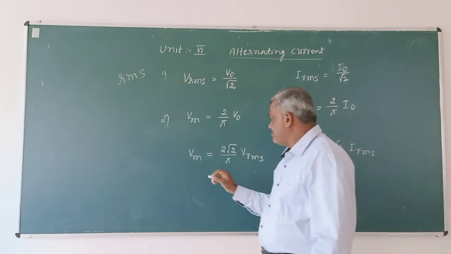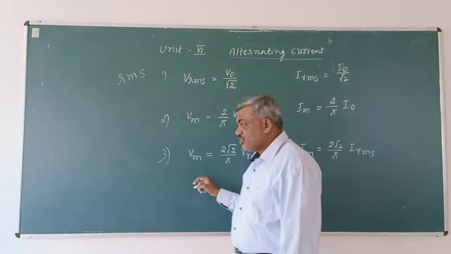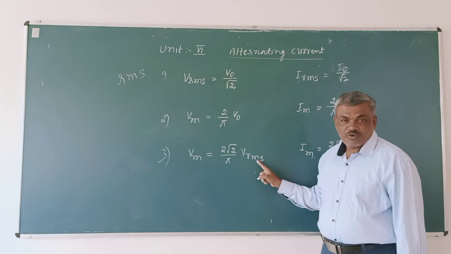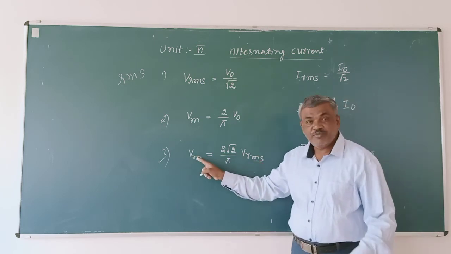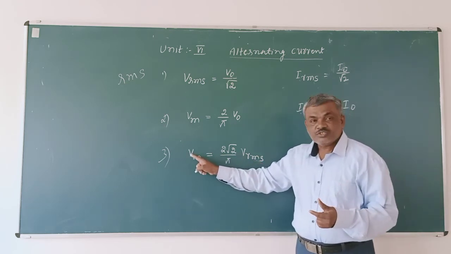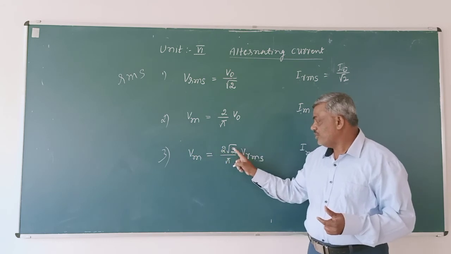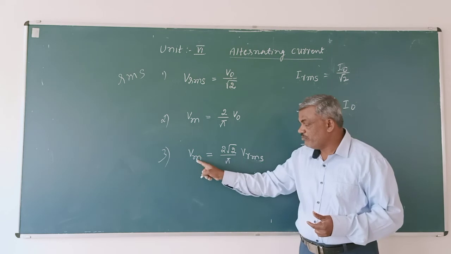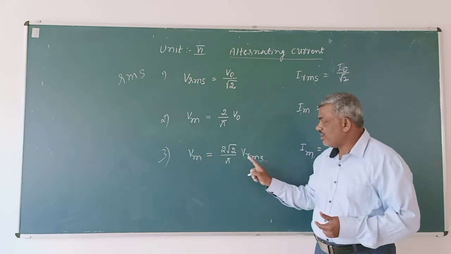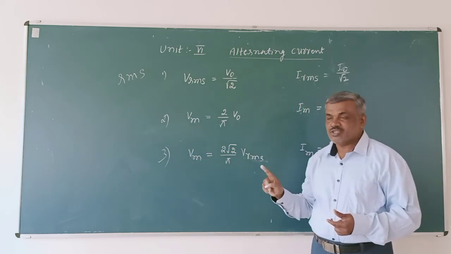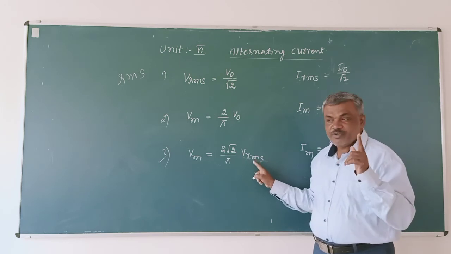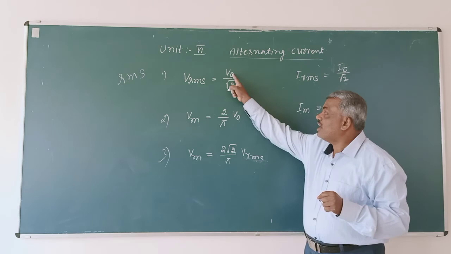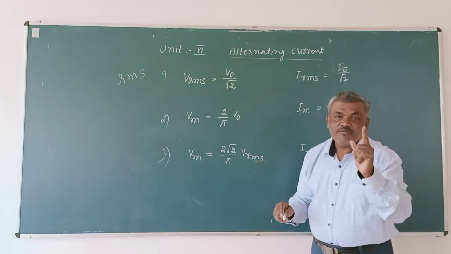The third one: write the relation between mean and RMS value of alternating voltage. Vm, the mean or average, equals 2 into root 2 by pi Vrms. This is the relation between mean and RMS value. RMS means root mean square, M means mean or average, and V naught is the peak or amplitude.